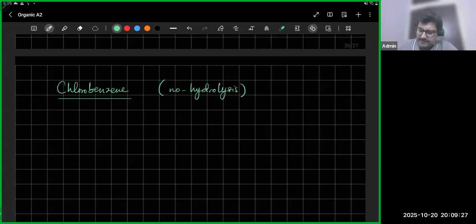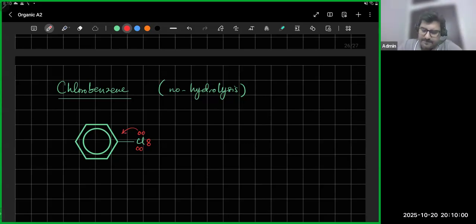So the reason is, if I draw the benzene ring, you've got a Cl. The first thing is Cl has lone pairs, a lot of lone pairs, and those lone pairs are going to overlap with benzene's pi electron cloud.